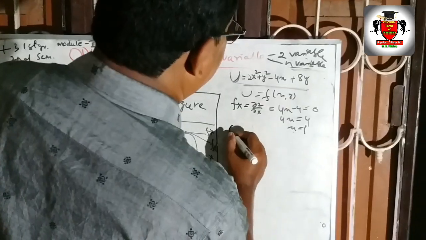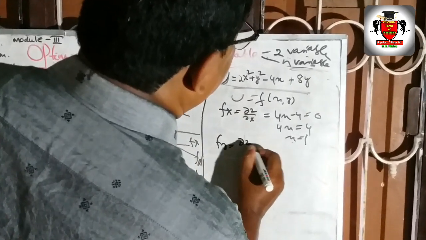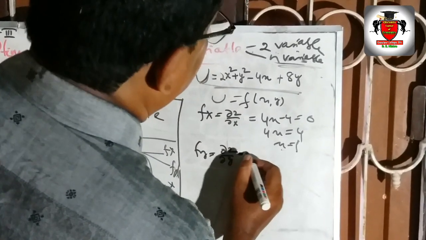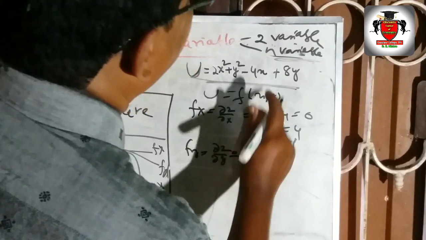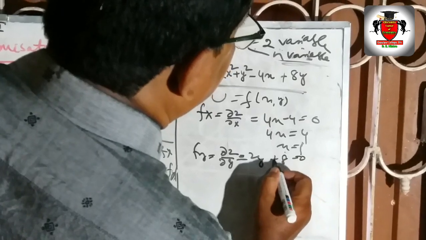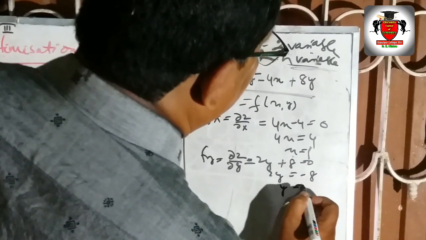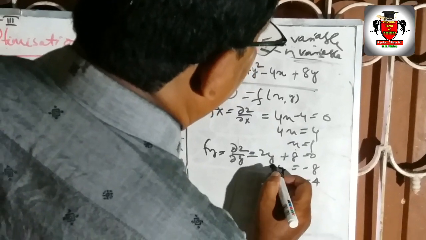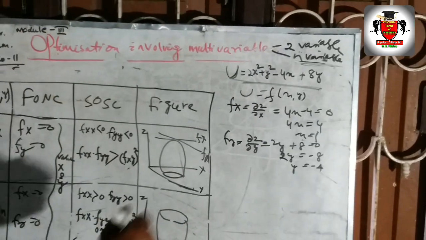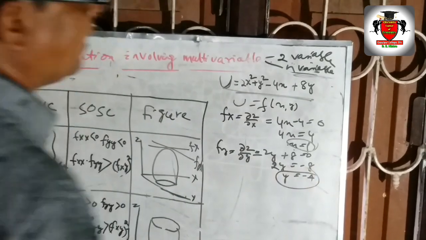Again, fy, if we are interested in del u by del y, we find 2y plus 8 equals 0, that means 2y equals minus 8, y equals minus 4. So the value of x is 1 and the value of y is minus 4.